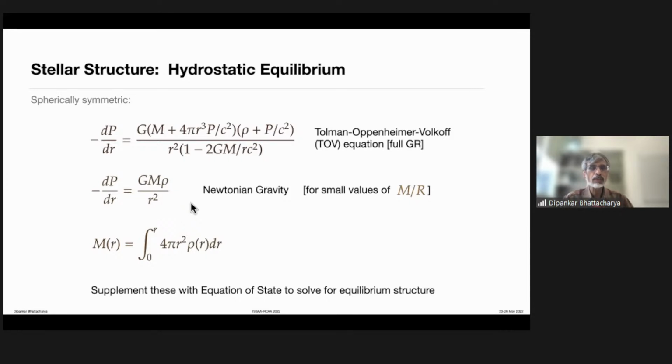All forms of energy contribute to mass. So energy over c squared will add to the mass effectively. And mass density is similarly augmented with energy density over c squared.